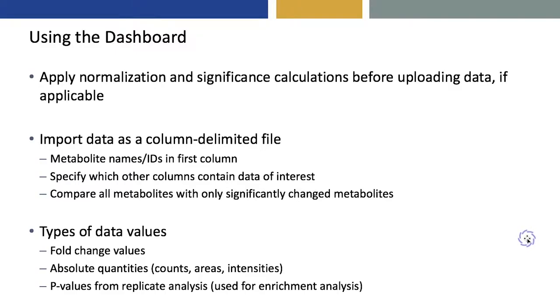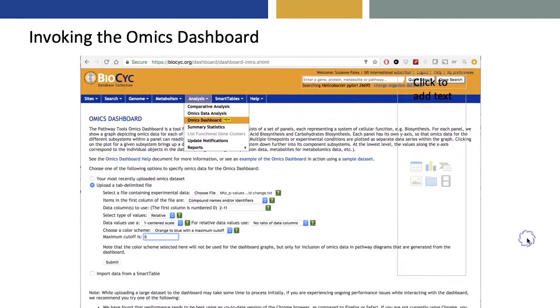One of the reasons we find it useful to make this comparison with the 2 different versions of the data is that sometimes the significance threshold will delete data that we believe is changing significantly, at least for data that we've looked at. And so you may want to be a bit looser because the dashboard allows you to assess changes yourself visually. And there are several types of data values that you can import. You can import fold change values or absolute quantities or p-values as well.